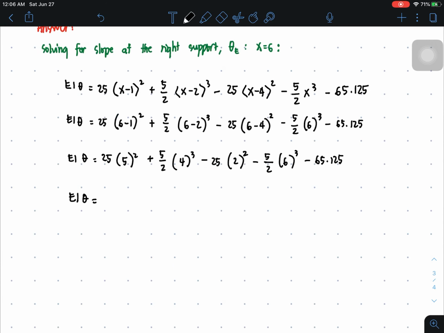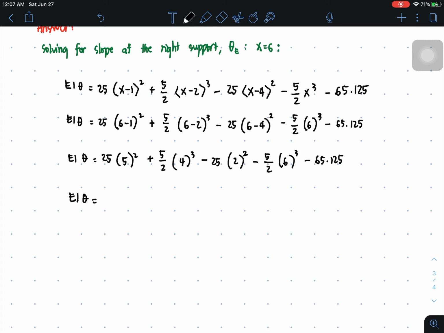So EI theta is atong i-combine tanan. That is 25 times 5 square plus 5 over 2 times 4 cube minus 25 times 2 square minus 5 over 2 times 6 cube minus 65.125.